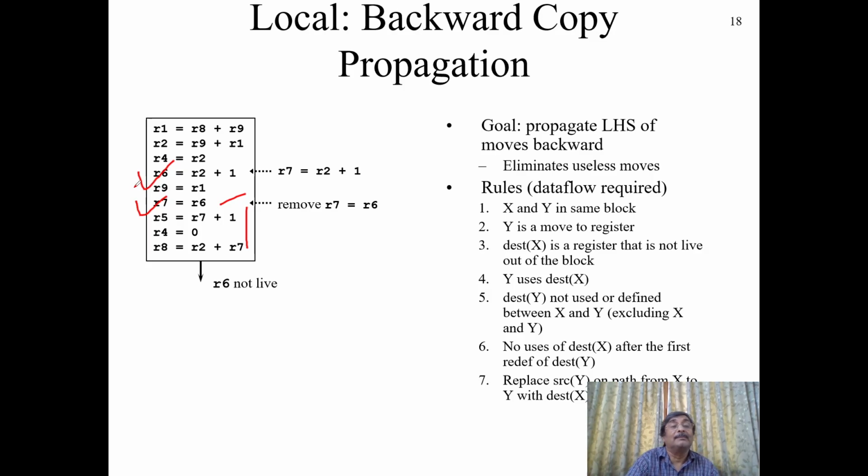If I remove this line, what happens? There is no change here. No change here. Only thing, R7 should not be alive. In this local optimization, I must take care that after this block, whatever blocks come, they are not using R7. If they are using R7, then we cannot remove this R7 equal to R6. That's very important to understand.